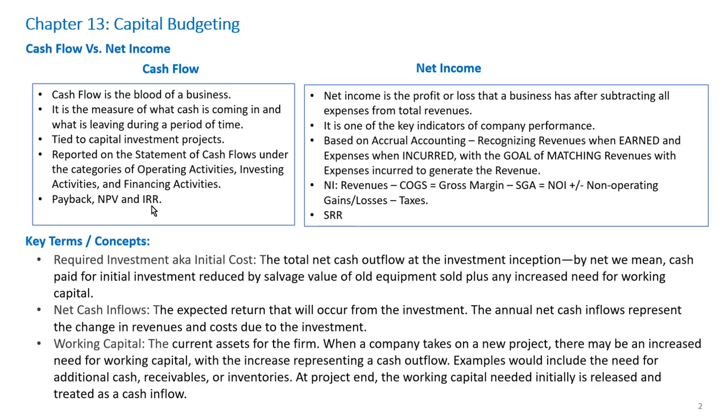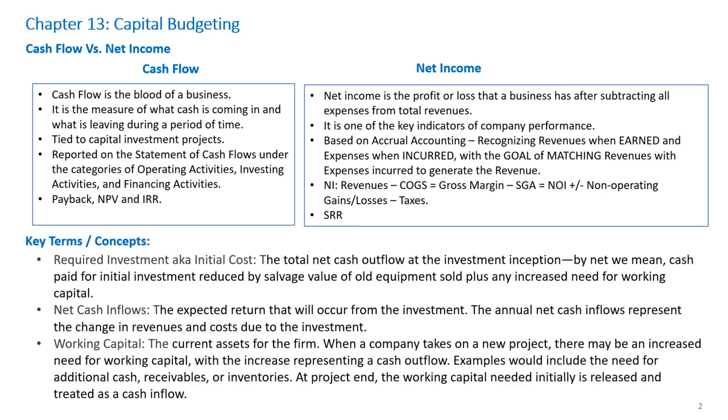The net operating income considers accruals of revenues and expenses and not necessarily only cash. The simple rate of return is an example of a method that focuses on just incremental net operating income.